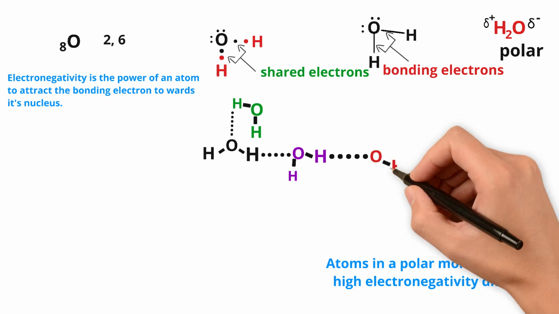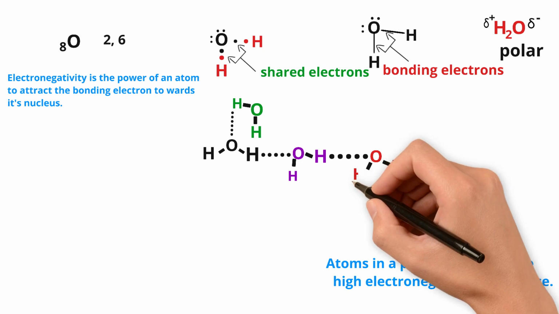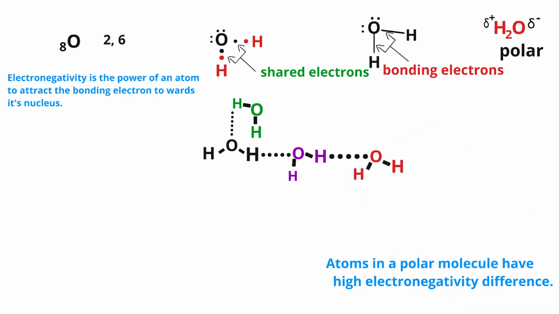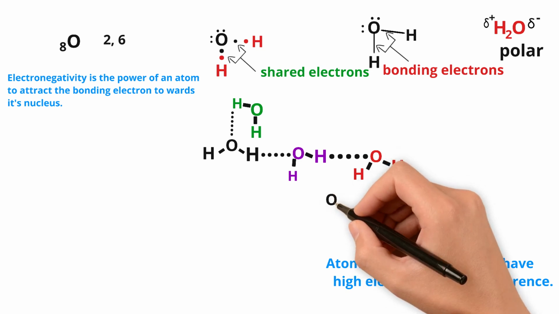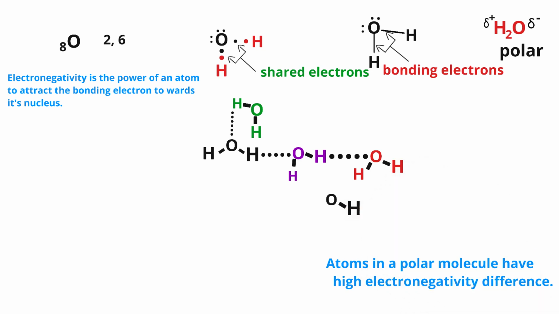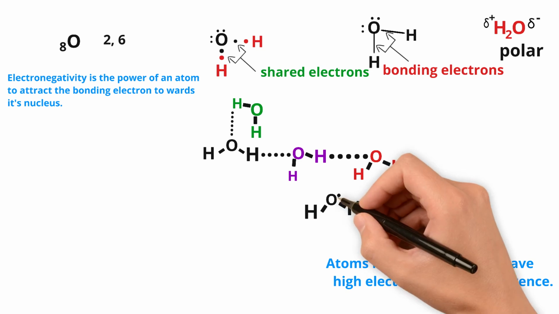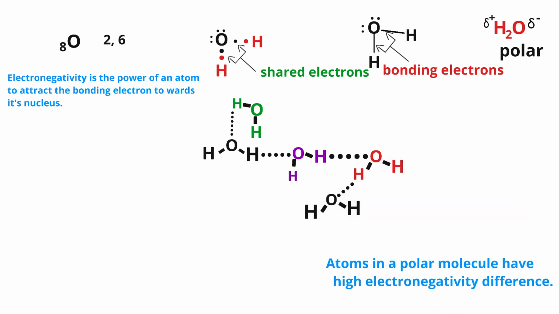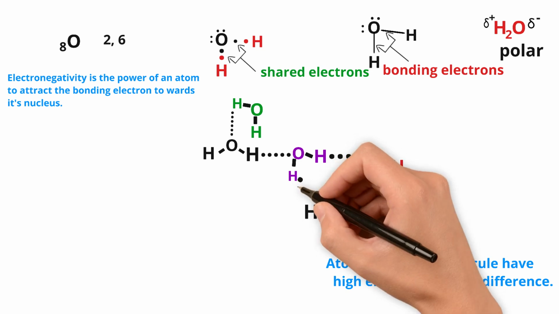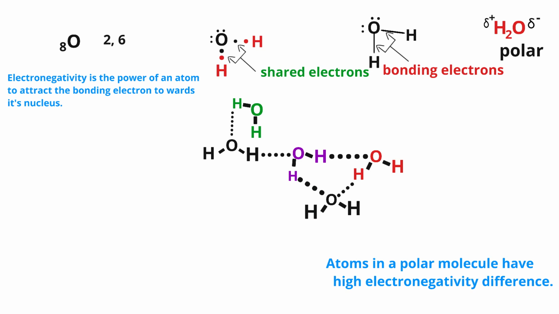As I told you, the broken line represents intermolecular force, which is found between one water molecule and another water molecule. But the force that exists within a single water molecule, for example, between hydrogen and oxygen, the solid line here, represents intramolecular force, but the broken line tells us intermolecular force, which exists between one molecule and another molecule.